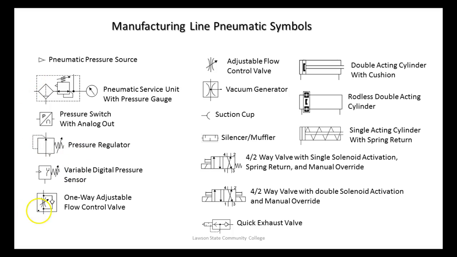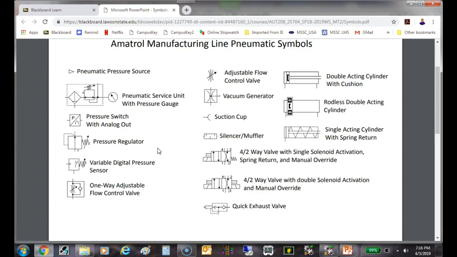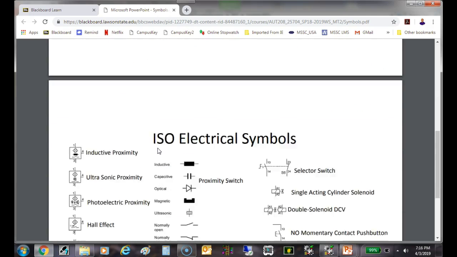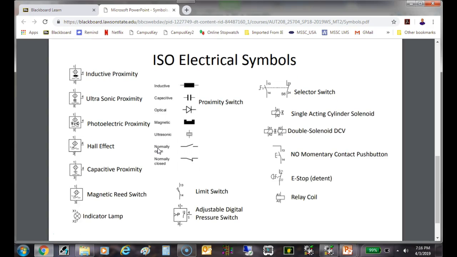So let's go over to the lines. This is up on Blackboard. This is the one we just got through looking at, right? It's got all our pneumatic symbols on it that we'll be using. And then of course here's the one that's got our sensor symbols on it. Learning the symbols of your trade is very, very important because most of the drawings you're going to see use symbols, because they take up a lot less space than trying to draw pictures.